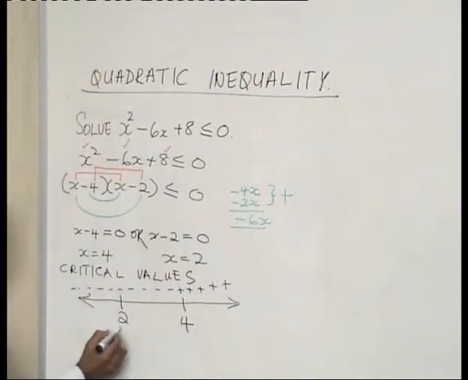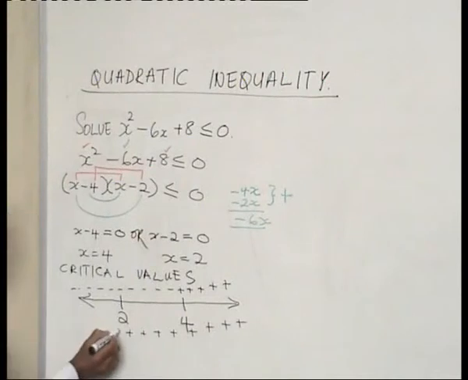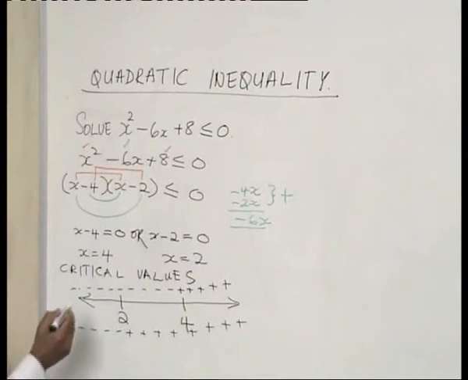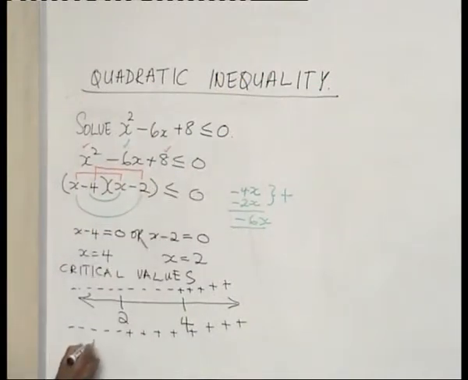Now you look at 2. To the right of 2, you place your positive signs, and to the left of 2, you place your negative signs. Right. And then we study the sign. We are looking for less than 0.